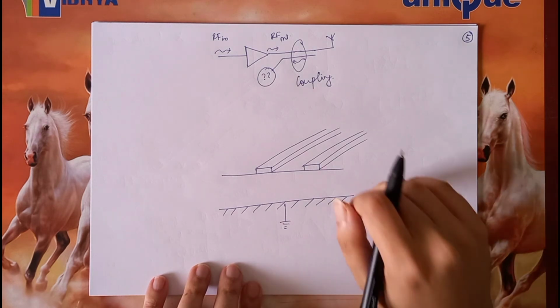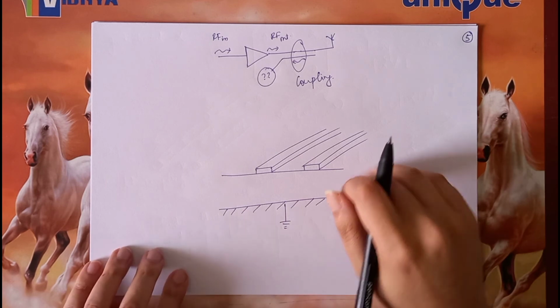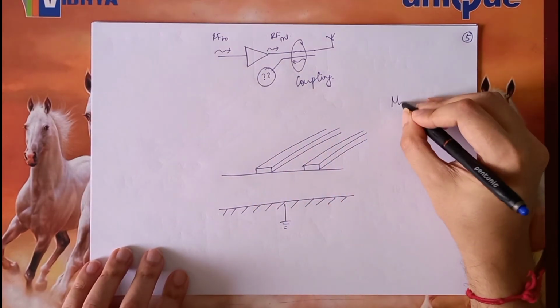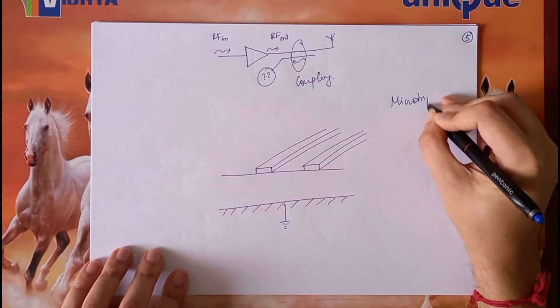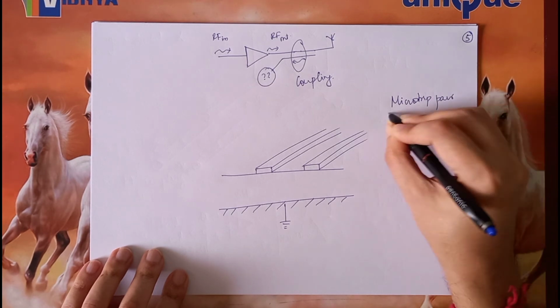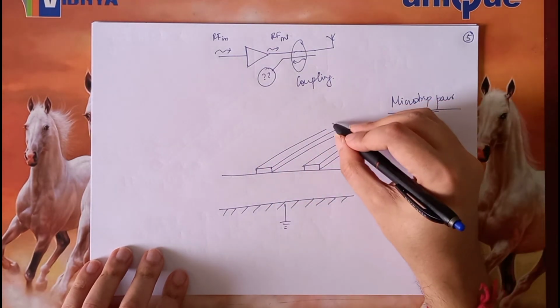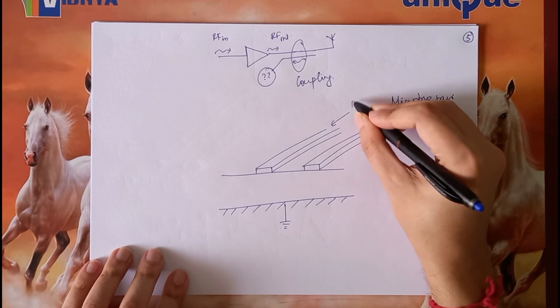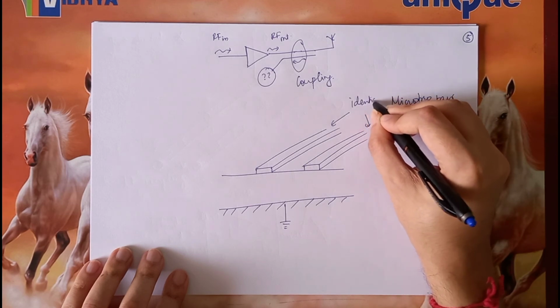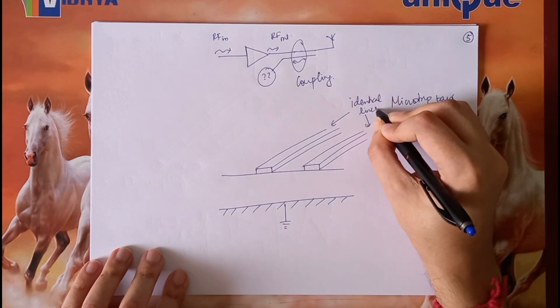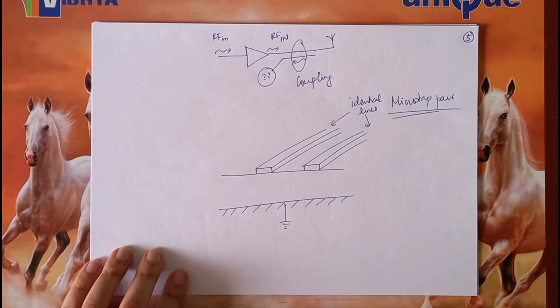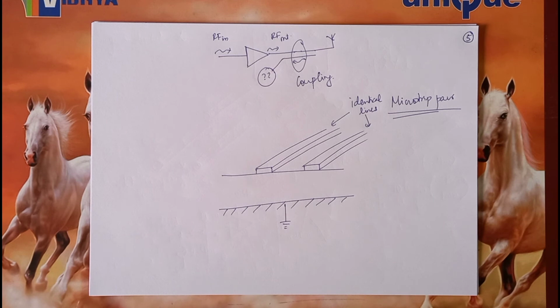So let us say we have this microstrip pair, two identical lines which are close to each other.